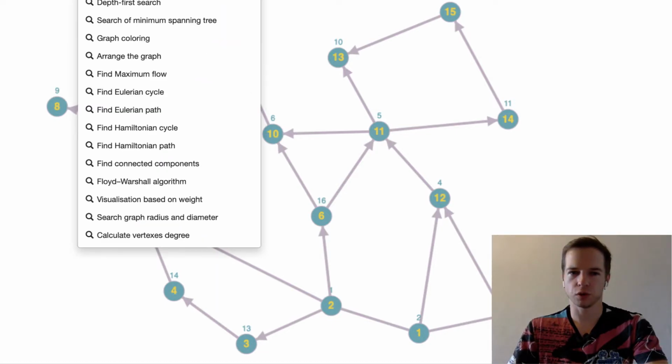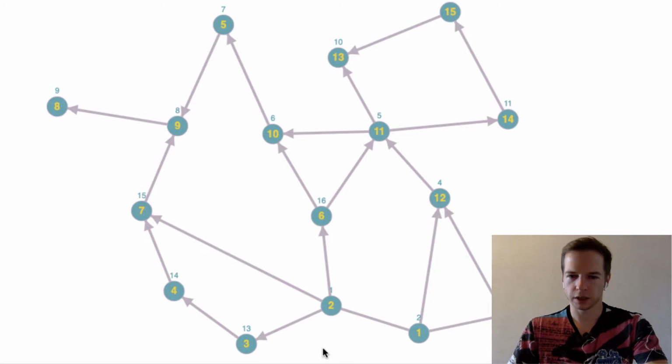And first we'll go through breadth first search. It's quite easy to understand. We'll pick an initial node, let's say 2, and it will check for all the neighbors of this node. It will be neighbors 1, 3, 6, 7, and it will add them to a queue and then check all the neighbors of these nodes.